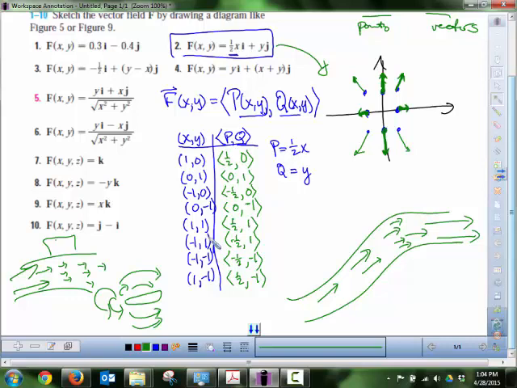Okay. So a vector field kind of gives you the flow of certain things. And for most cases, I'll probably use the water analogy, the flow of water going somewhere. And once in a while, I'll talk about electricity and magnetism, but I'm not going to talk about electricity and magnetism. I'm just going to pretend to talk about it.